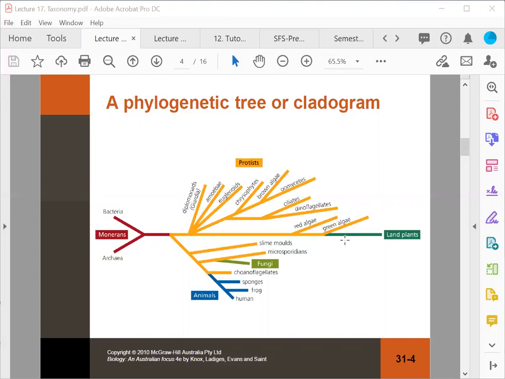Each group of organisms is allocated a separate branch, as you can see, and the closer the branches are together, the more related those groups of organisms are to each other. They constructed this tree by taking the sequences of ribosomal RNA genes that we talked about last week.